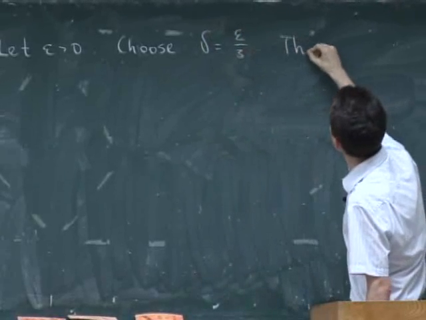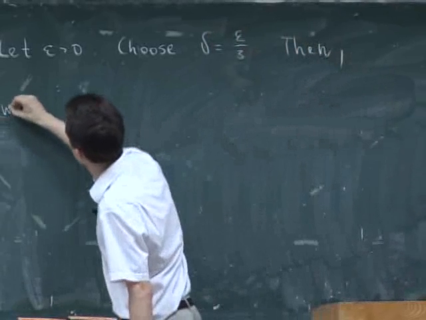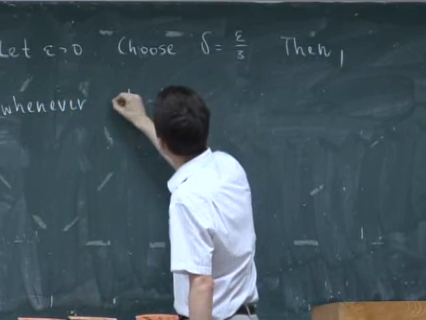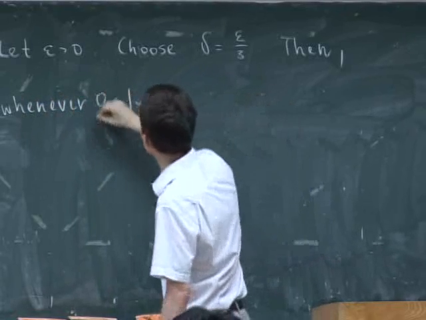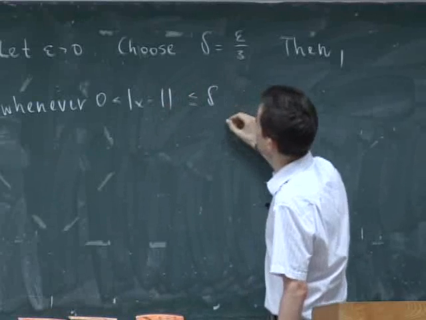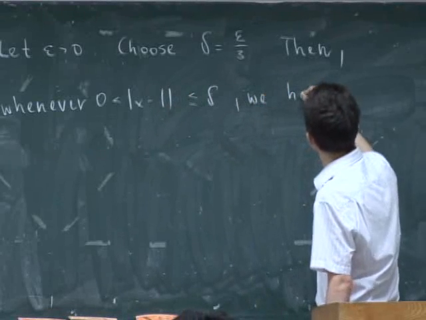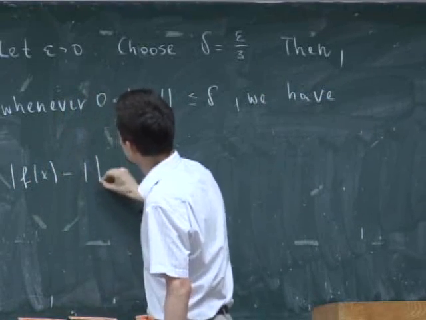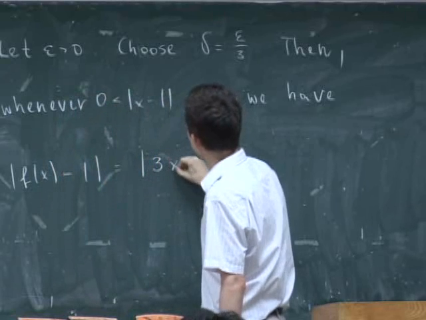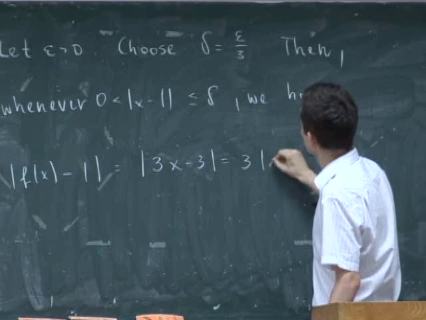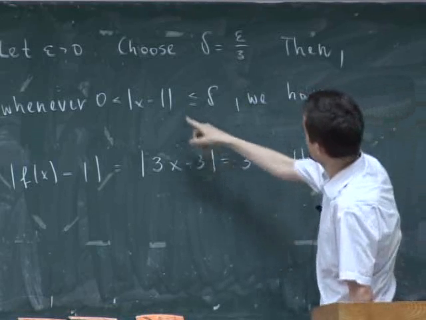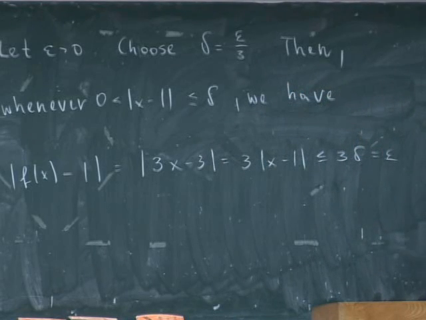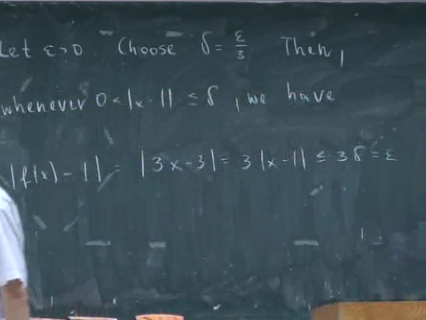Then whenever the distance between x and 1 is larger than 0 and smaller equal than this delta, we have that the distance of f of x minus the claimed limit is equal to, you plug in, 3x minus 3, which is equal to 3 times |x minus 1|. Because of this relation, you have smaller equal than 3 delta. But because of the choice of delta, this is equal to epsilon, and you are done. This is the proof.